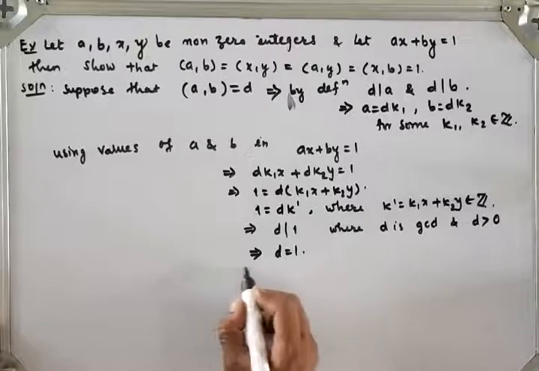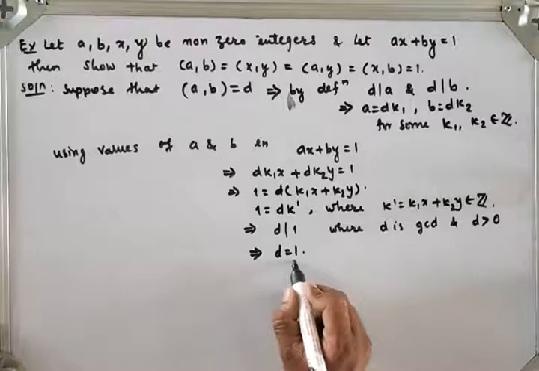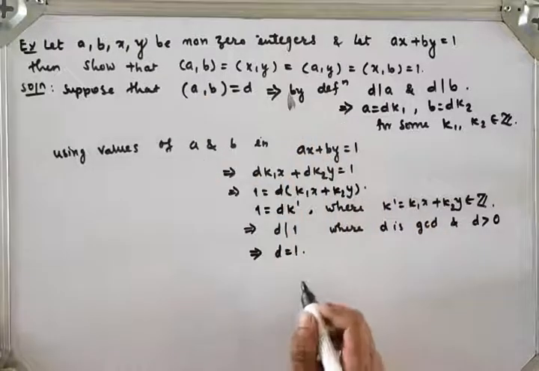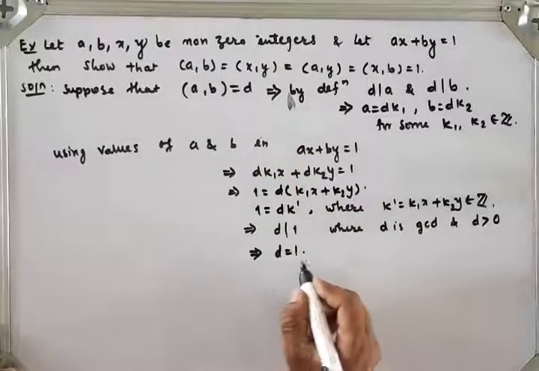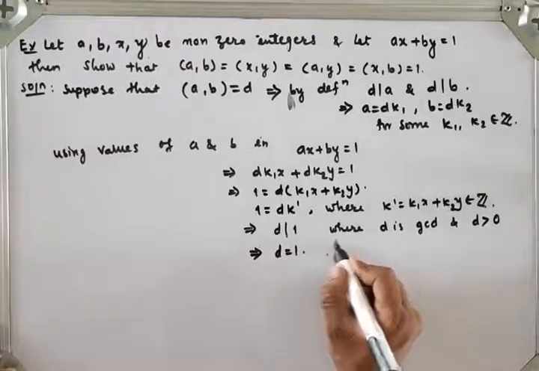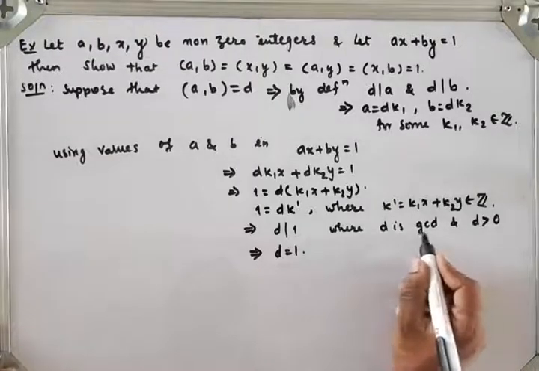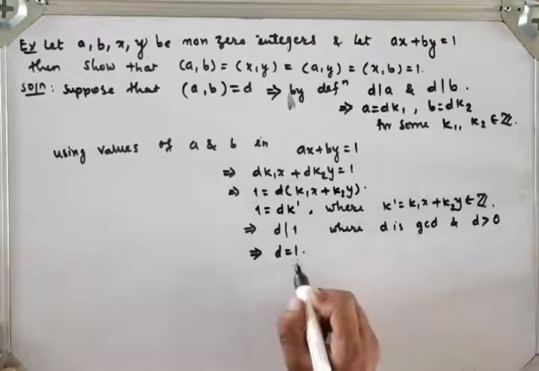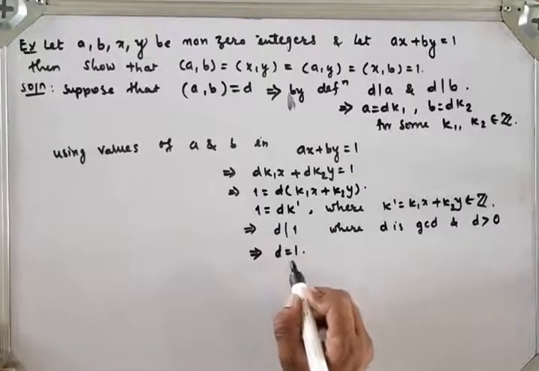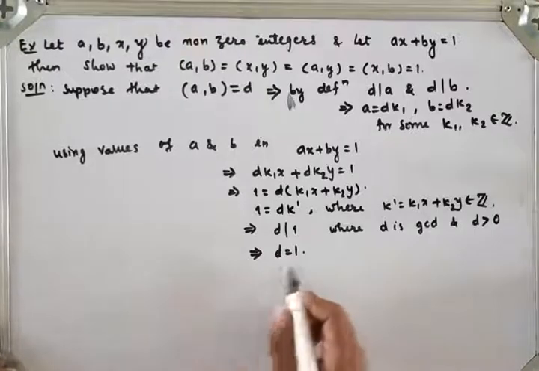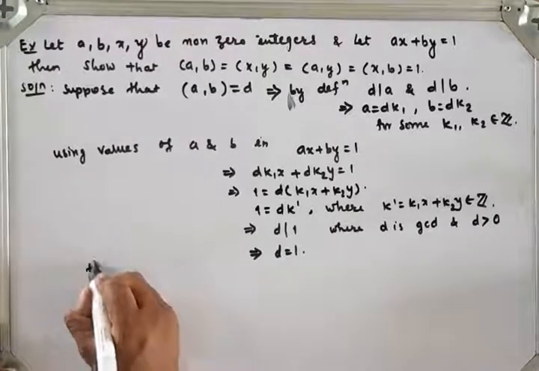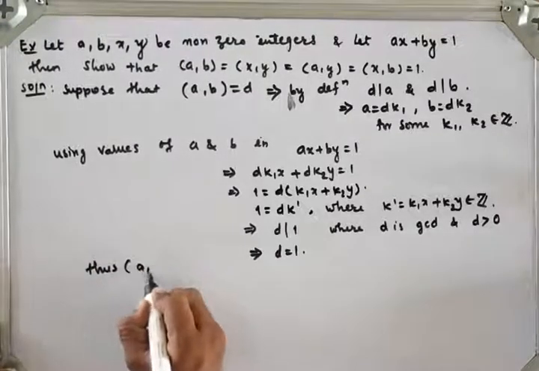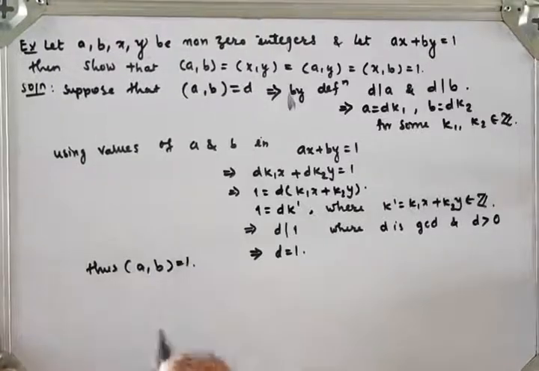So the value of d is nothing but 1. Here d divides 1 and d is the GCD of a and b, so d greater than 0, and the value satisfying this will be d equal to 1. Thus GCD of a and b is equal to 1.